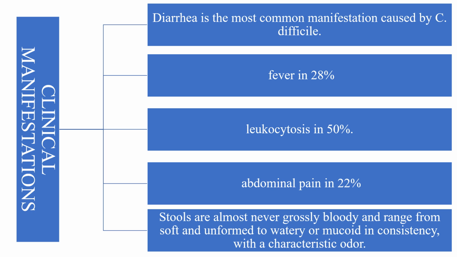Leukocytosis means you have a high white blood cell count, such as neutrophils, macrophages, and eosinophils. Abdominal pain is present in 22% of patients. The stool in these patients is not very bloody and ranges from soft and unformed to watery or mucoid in consistency, with a characteristic odor.